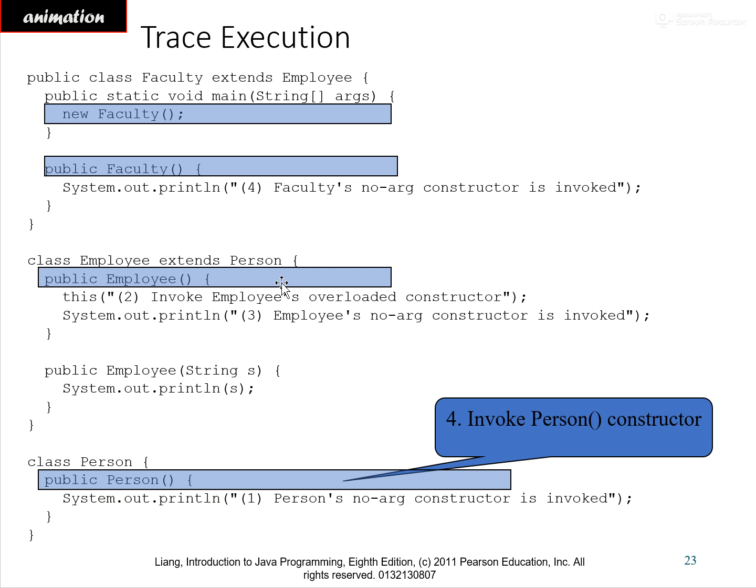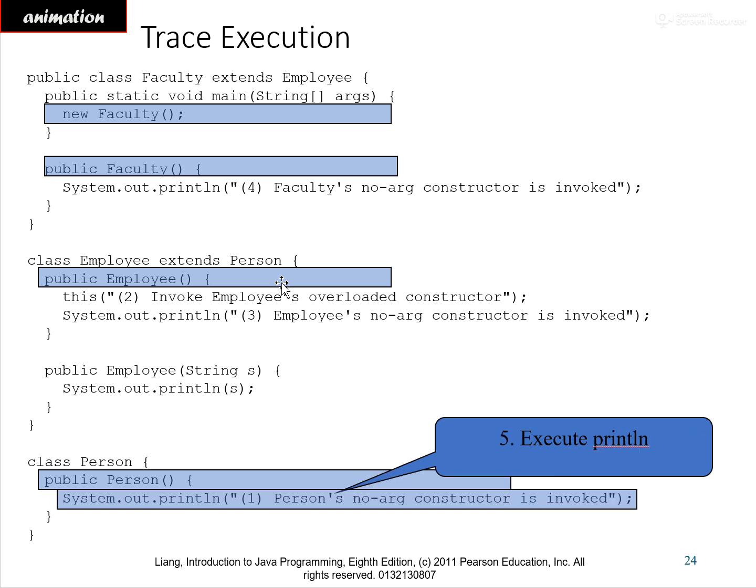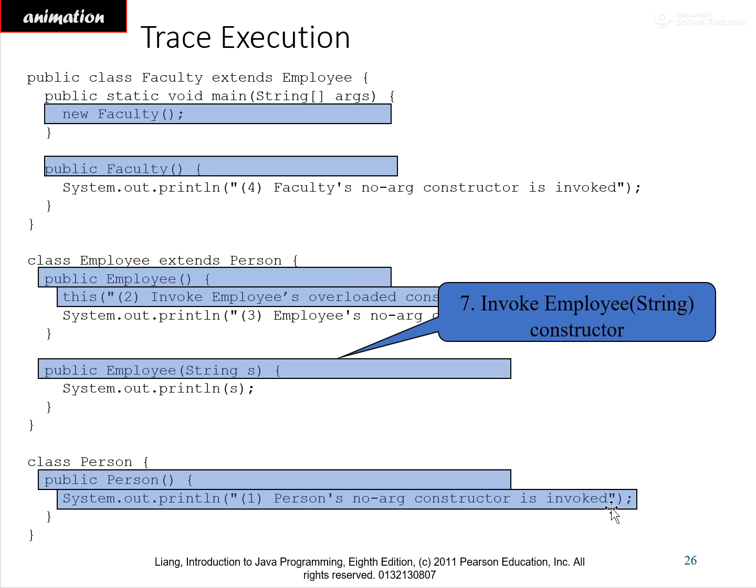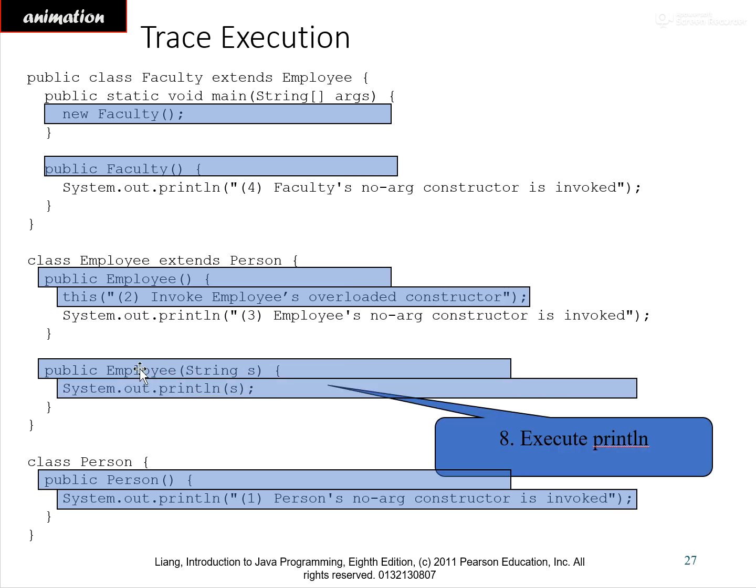And over there we have only a no arg constructor that can run, that will execute this line, which finally prints out person's no arg constructor is invoked. When we're done, we jump back to employee's constructor, and the first line of that is a call to employee's overloaded string argument constructor, which prints out that second string that we see on the screen.